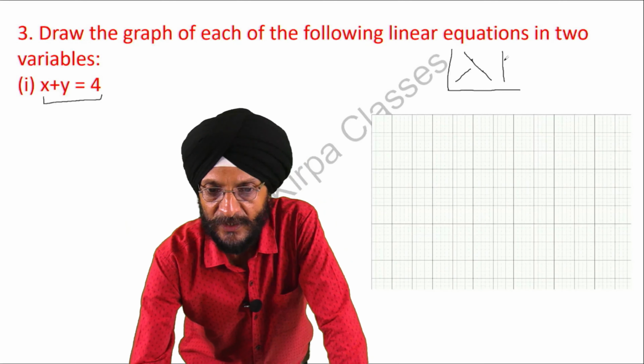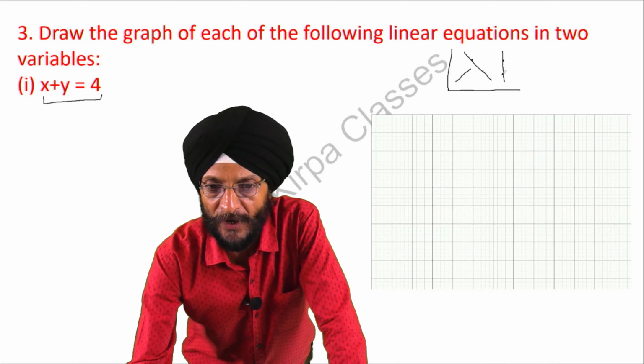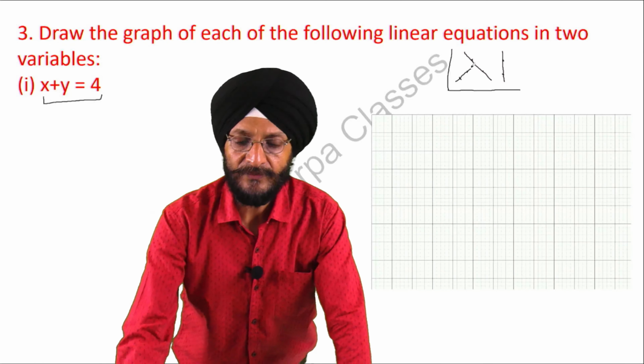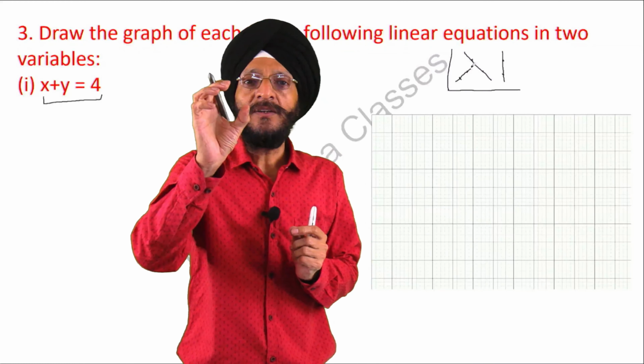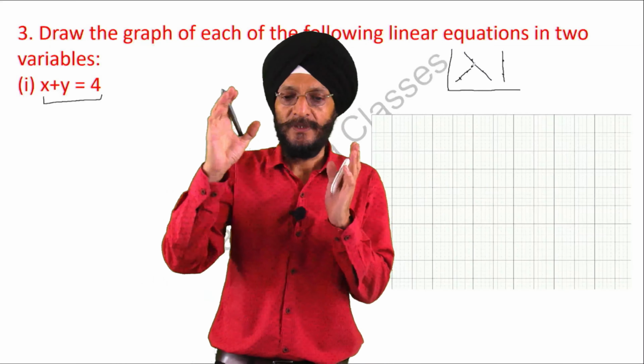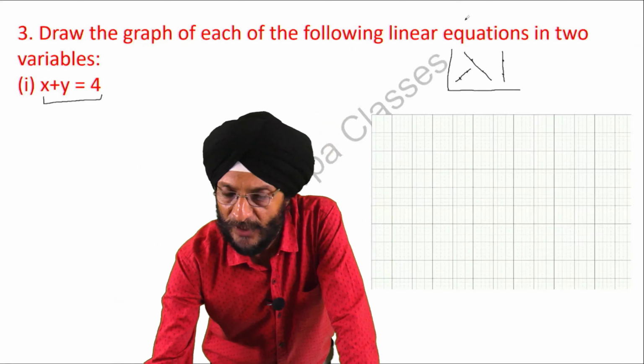We must have any 2 points, maybe more than that, at least 2 points. That is, we have to plot the 2 points on the graph so that we can join them.